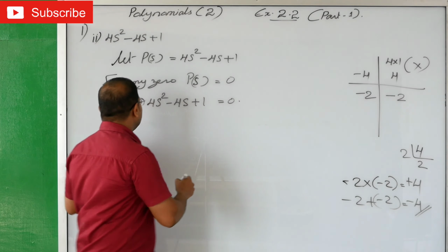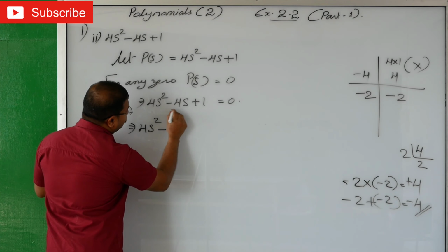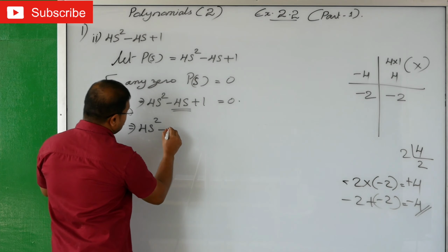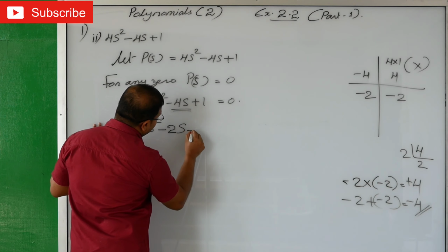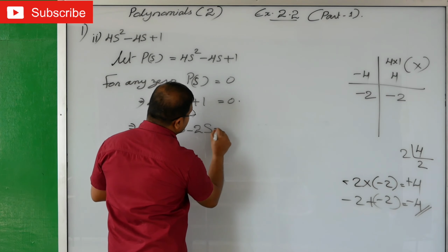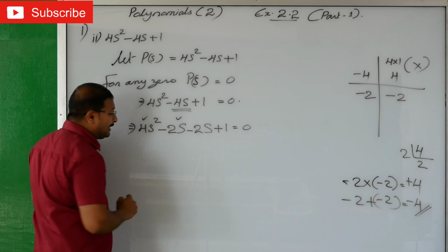Ready? Now, this implies 4s square minus 4s will break into minus 2s, minus 2s. Now the balance last term plus 1 equal to 0. From these two terms, what you can take common?